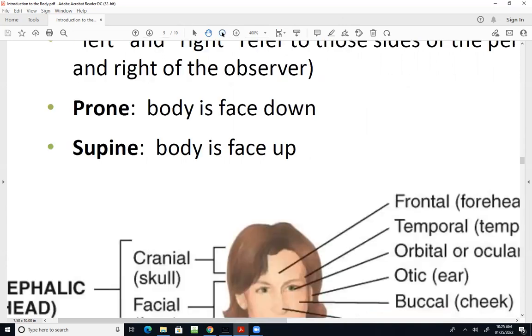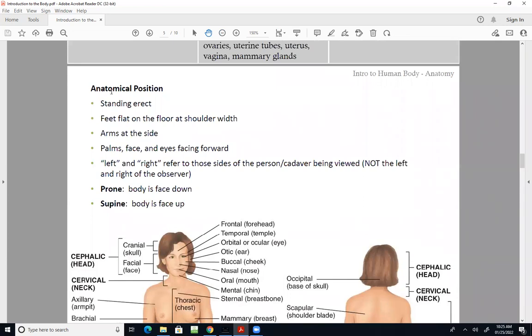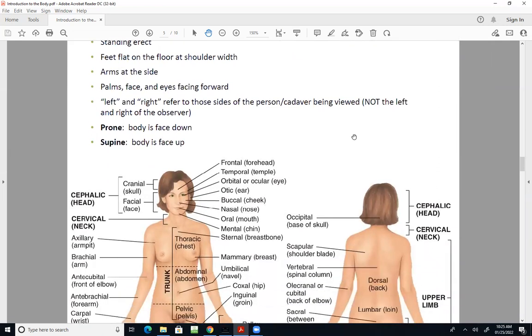All right, I'm going to introduce you guys to a concept called anatomical position. This is something we're going to deal with all semester long. One thing that we're going to do a lot of this semester is describe the location of something, where something is located in the body, whether it's where the heart is, where the lungs are, where the spleen is, etc. Well, when you describe where something's at, you might also need to describe where something's at in relationship to another structure.